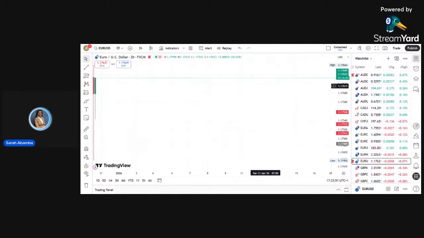The body is tiny, small, nothing big. The body is always smaller than the wick. So we have a small body here.